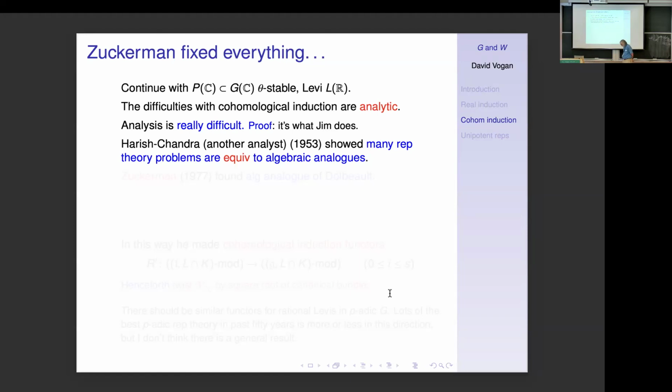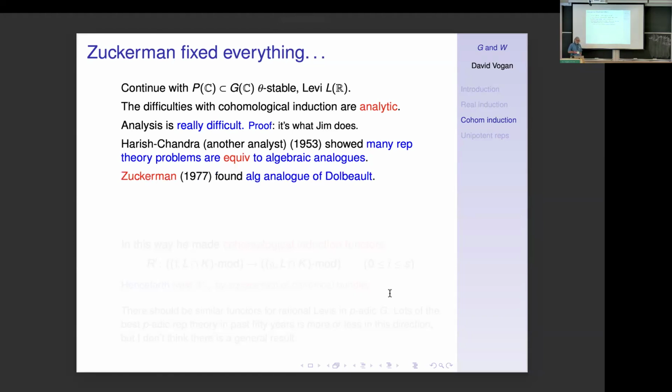That's a deep analysis problem. Harish-Chandra showed that that was equivalent to the algebraic problem of making a (g,K)-module with a non-degenerate positive Hermitian form and exactly two submodules. So that's the kind of thing that Harish-Chandra proved.